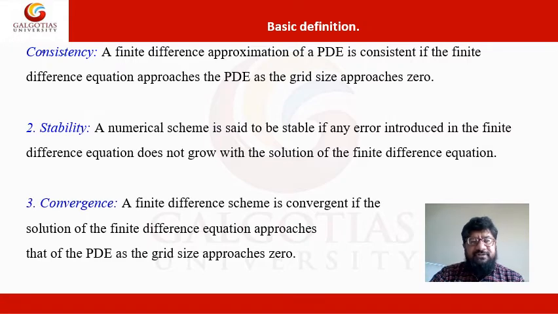To ensure that, the concept of convergence is used. So a finite difference scheme is convergent only when the solution of that finite difference equation approaches the solution of the original PDE when the grid size approaches 0.